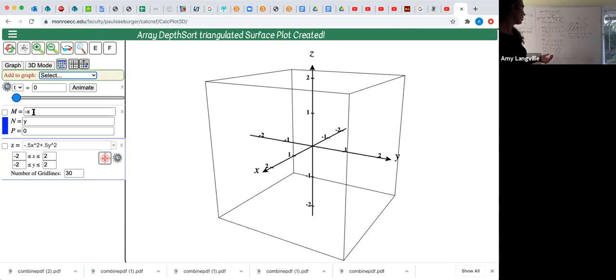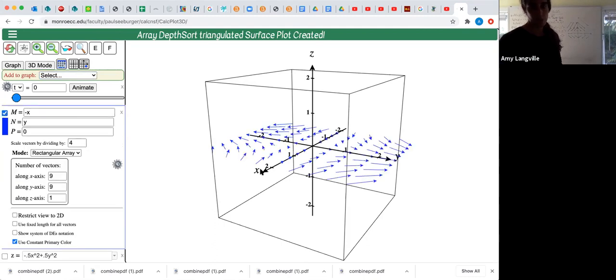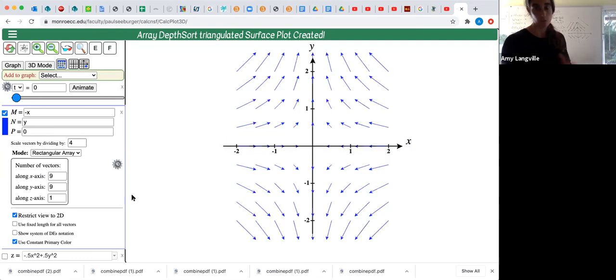And we enter the two components, negative x y, and turn this on. The R2 vector field lives in the XY plane, which it shows here, but it's in 3D, so why don't we just restrict it to 2D? So our usual orientation, the y-axis up, the x-axis across.